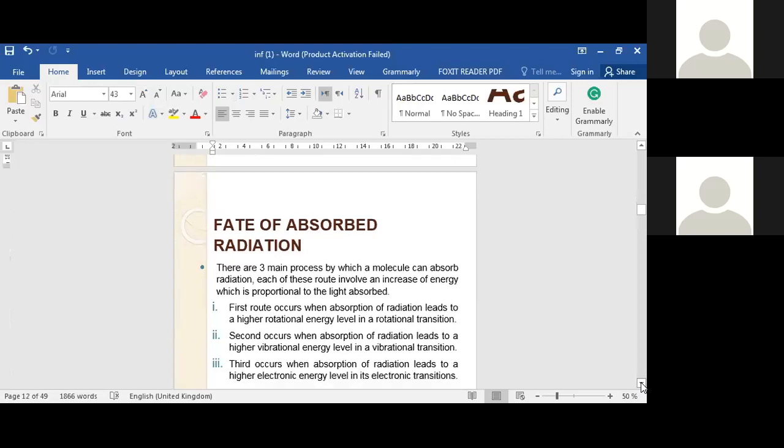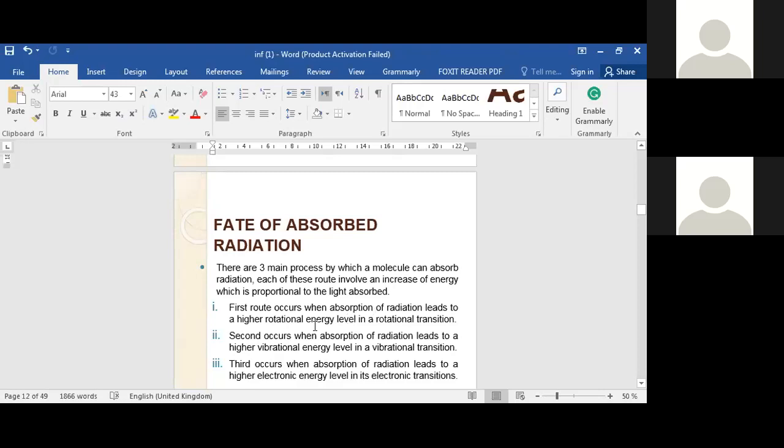So regarding the fate of absorbed radiation, there are three main processes by which the molecule can absorb the radiation. Each of these involves an increase of energy. So in all of those three processes, there is an increase in the energy.